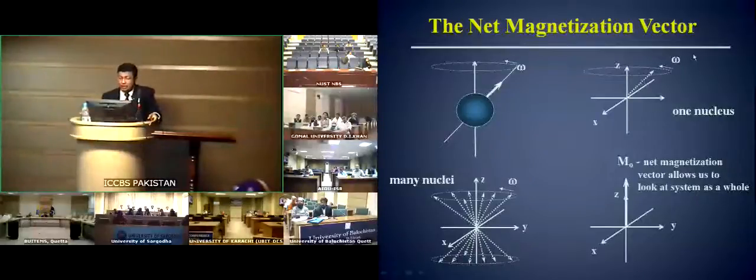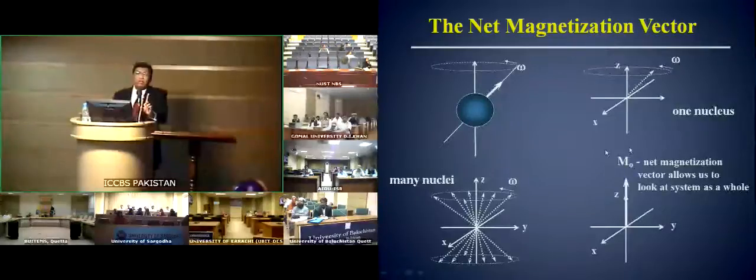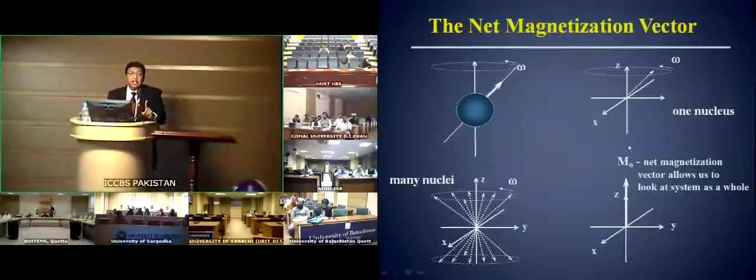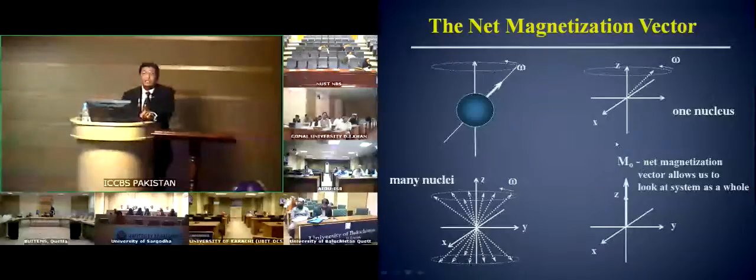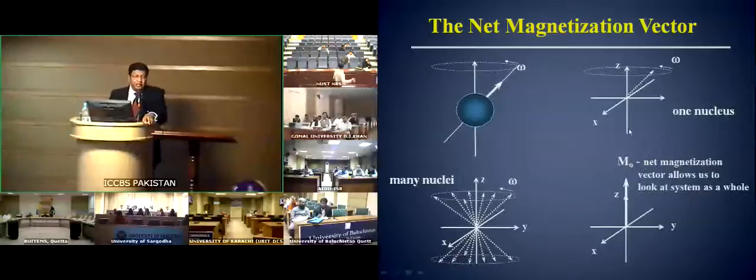So this is M naught. Always remember, this is M naught, and B naught is the applied magnetic field. M naught is in the direction of the applied magnetic field in the lower energy state, representing the excess of population in the lower energy state, which is called the Boltzmann distribution excess.